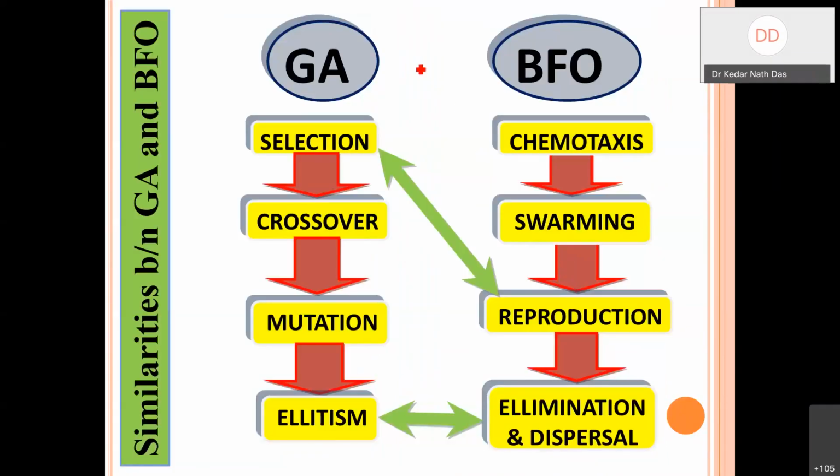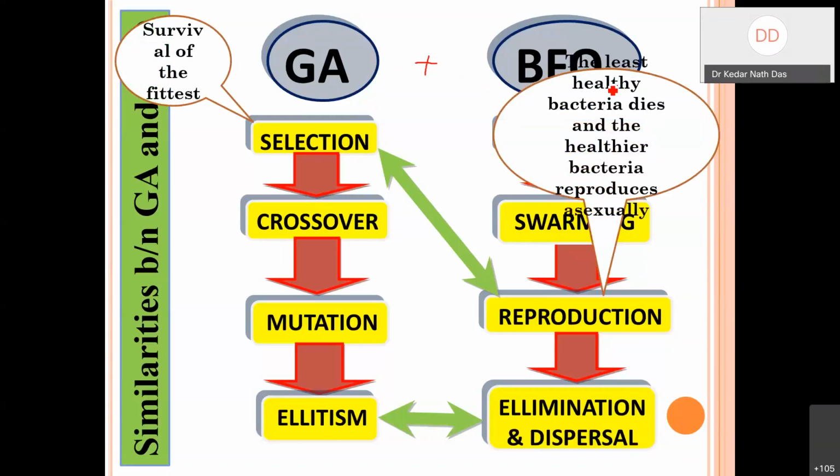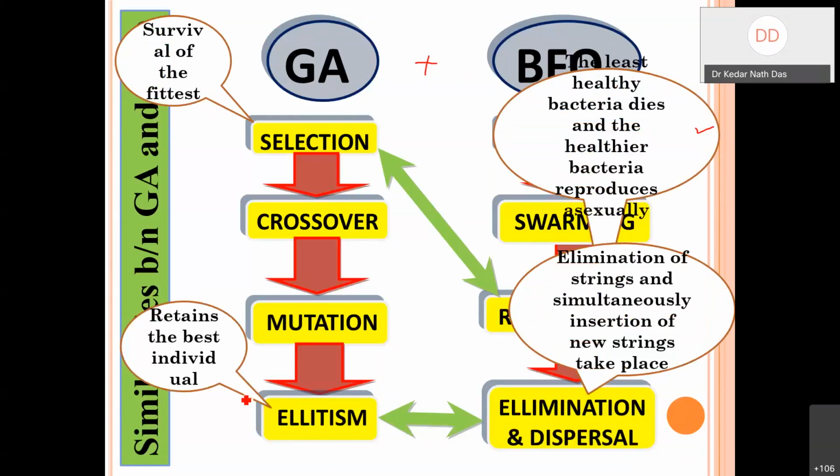Sometimes people directly use two different algorithms, merging them to solve optimization problems, but that is not wise. GA with bacterial foraging optimization has been hybridized directly, but you can see that selection is the survival of the fittest, where reproduction has the same idea in BFO, but elitism retains the best individual, where the elimination dispersal step of BFO is elimination of strings and simultaneous insertion of new strings.